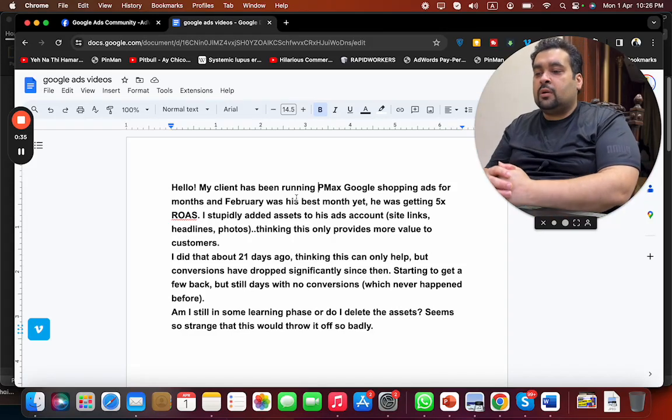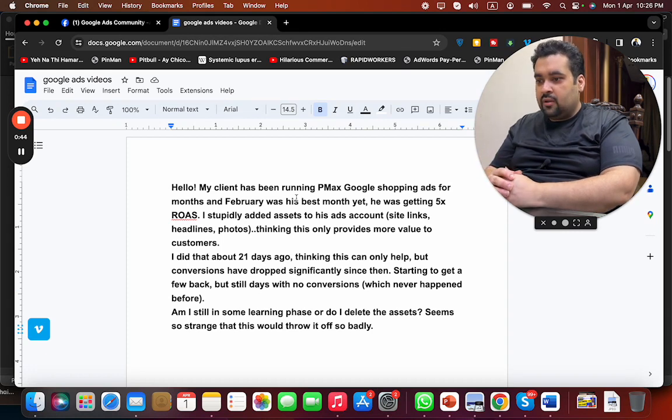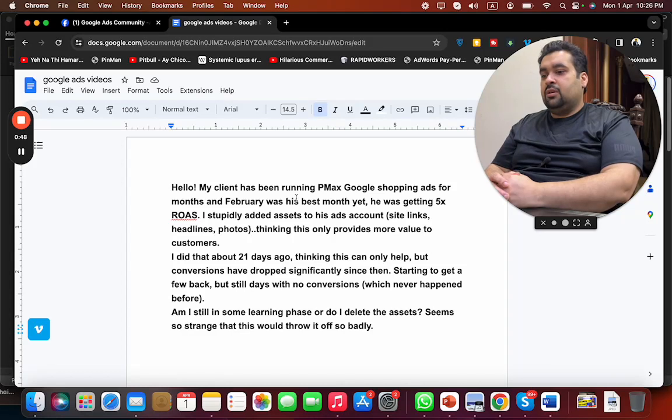I did that about 21 days ago, but conversions have dropped significantly since then. They're starting to come back a few, but there are still days with no conversions, which never happened before. Am I still in some learning phase, or do I delete the assets? It seems so strange that this would throw it off so badly.